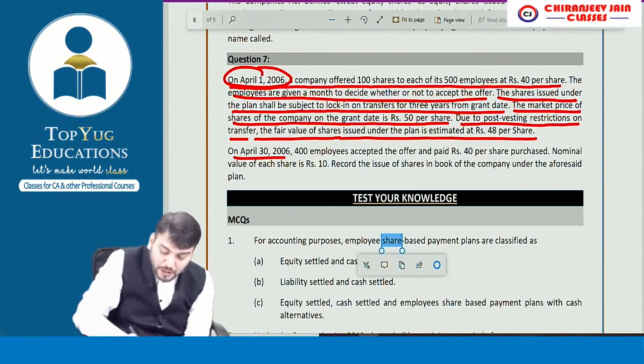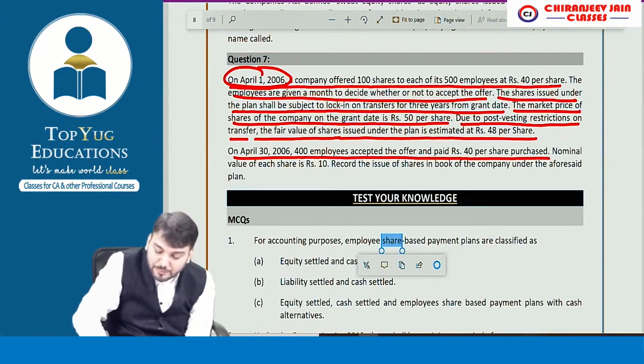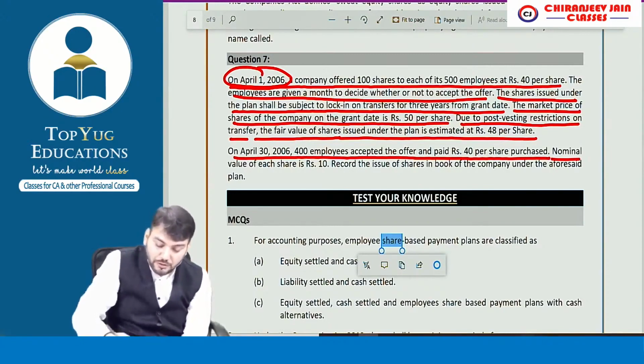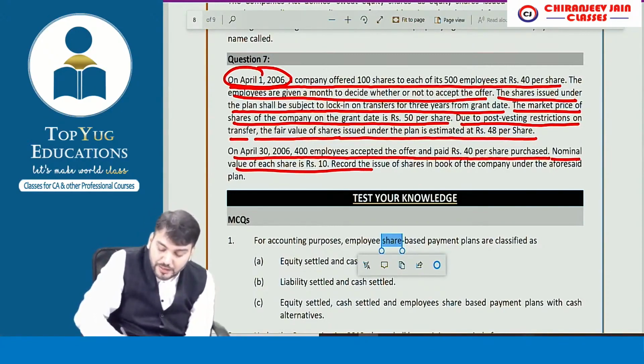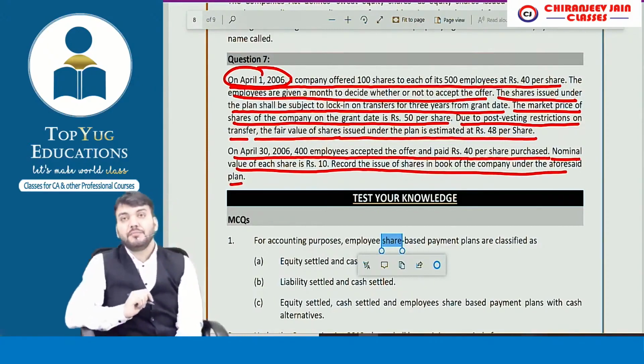On 30th April 2006, 400 employees accepted the offer and paid rupees 40 per share. Nominal value of each share is 20. Record the issue of shares in the books of the company under the aforesaid plan.